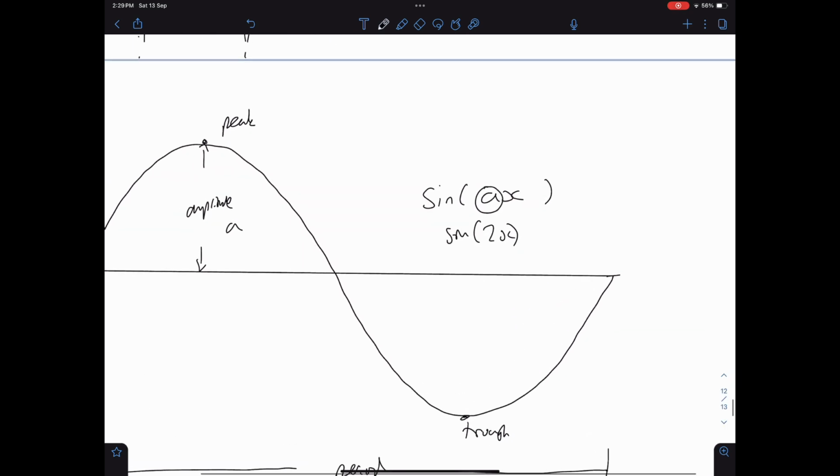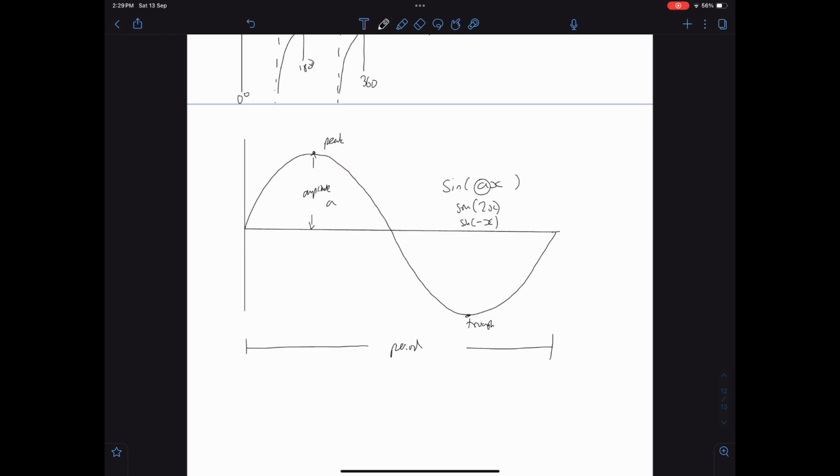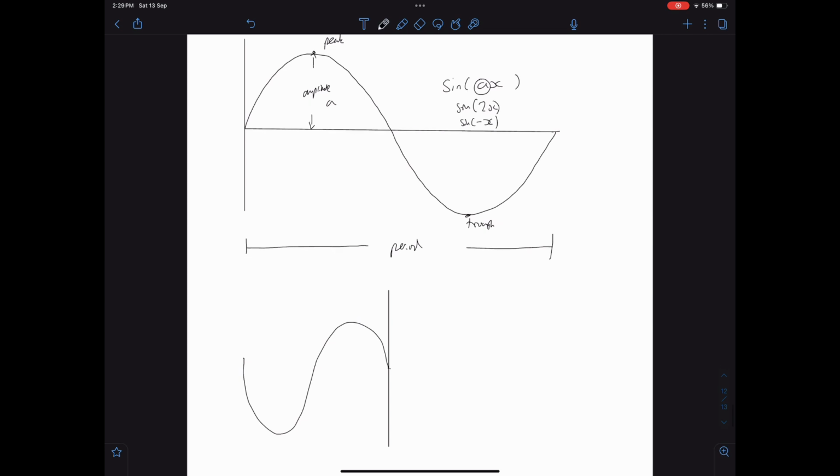And obviously you could do sine of minus x, and then that would just be flipping it in the y-axis. That's actually a good thing to note, because you flip it in the y-axis and you get that.